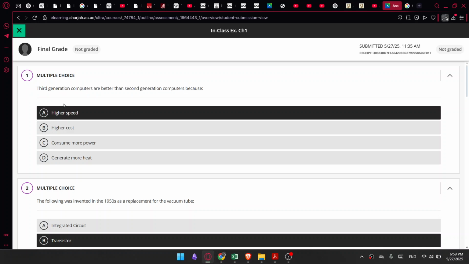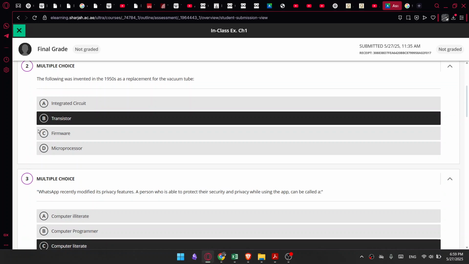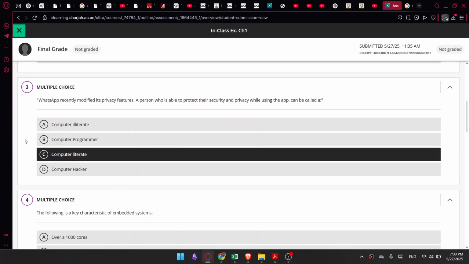Third generation has higher speed, low cost, consumes less power and generates less heat. The following was invented in the 1950s as a replacement for the vacuum tube: the transistor, of course.